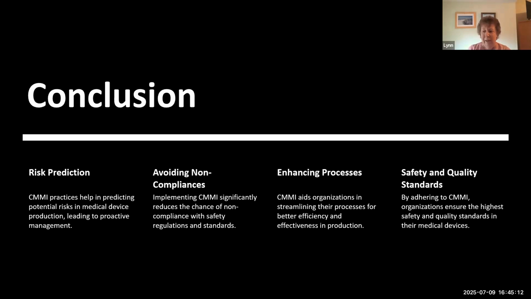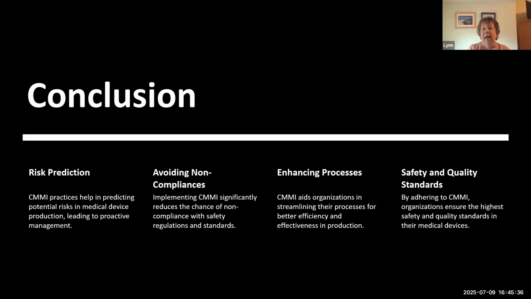And certainly, by looking at these risks, one of the keys that Dr. Shuren has is we want to be able to predict so that we do not run into noncompliances. They are too costly. They are too expensive to recover from. So we want to avoid the noncompliances.